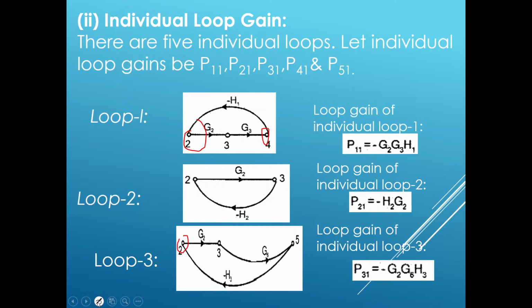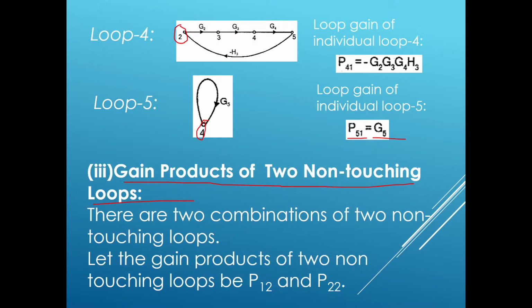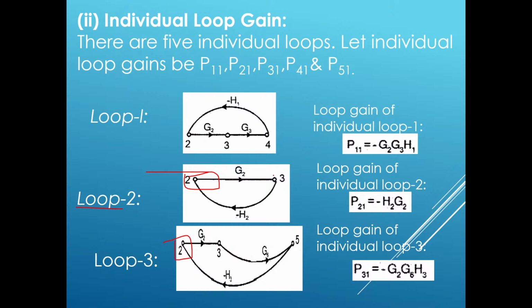What about the other loops with respect to the other? Now let us start with loop 2. Common node, common node, common node. What about 4? Here it doesn't have any common link between these two.